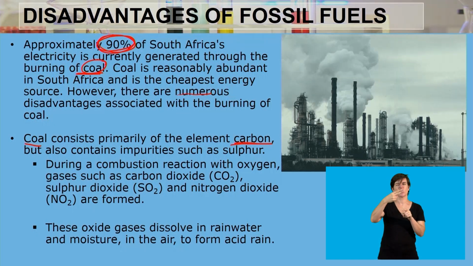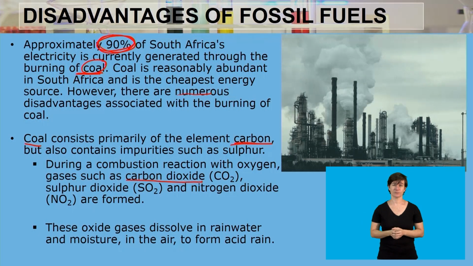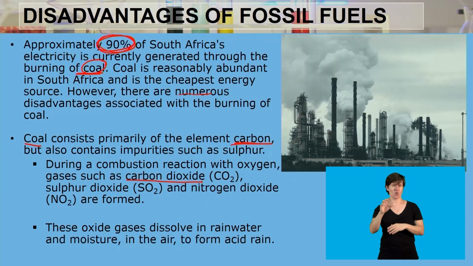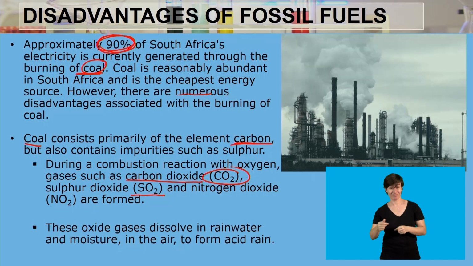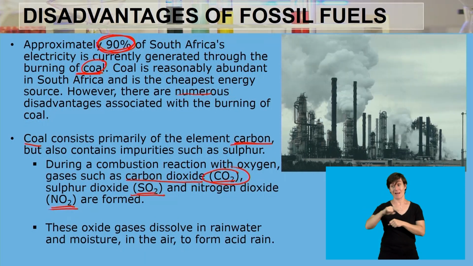When coal combusts with oxygen gas, gases such as carbon dioxide (CO2), sulfur dioxide (SO2), and nitrogen dioxide (NO2) are formed during that combustion reaction.